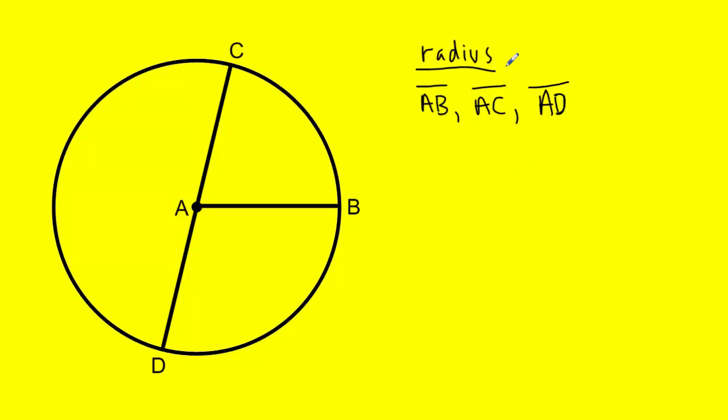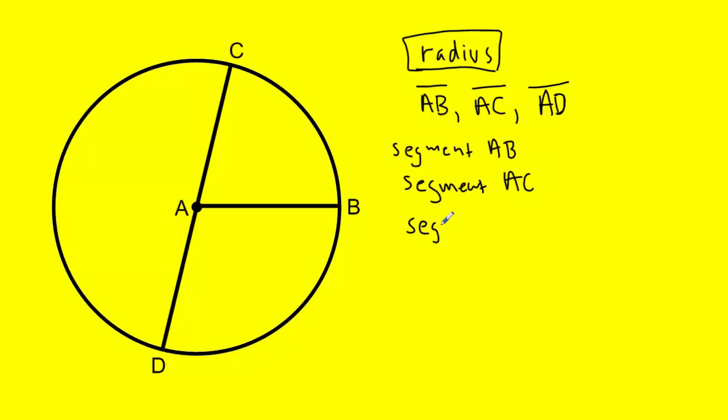Another way you could write the radius of a circle is basically, I just said segment AB. I could have said segment AC and segment AD. So these are the ways we could name the segments.